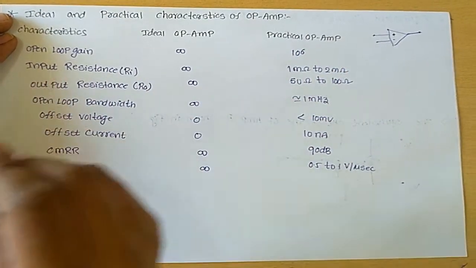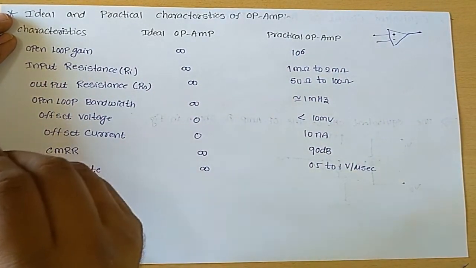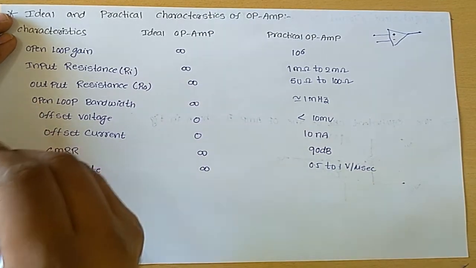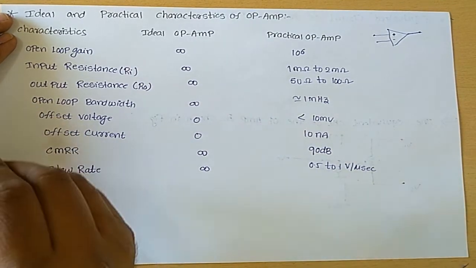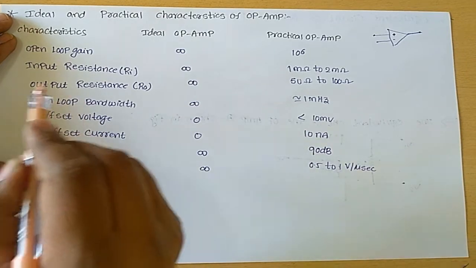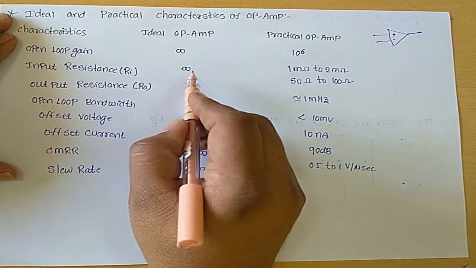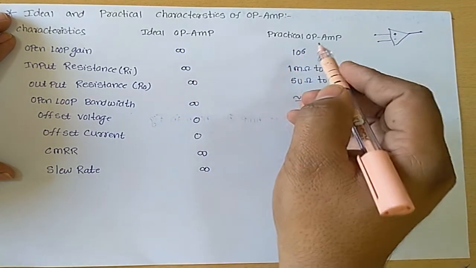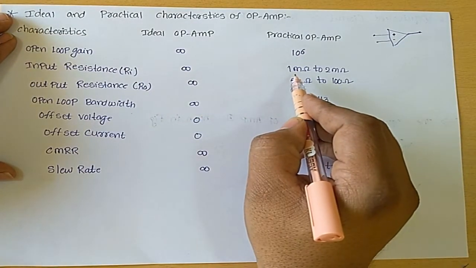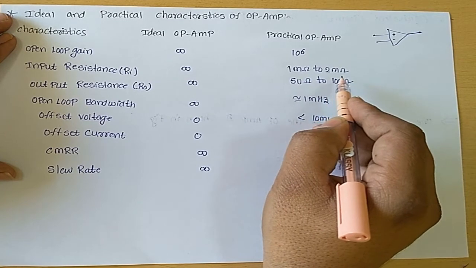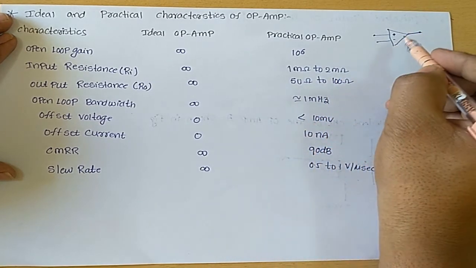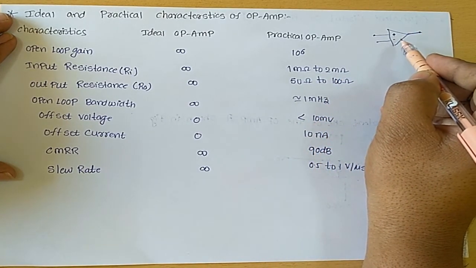The second characteristic is the input impedance, or the input resistance, of the operational amplifier. For the ideal operational amplifier, the input resistance Ri is infinity, and for the practical operational amplifier, the value is 1 megaohm to 2 megaohms. Basically, the operational amplifier internally consists of a differential amplifier.